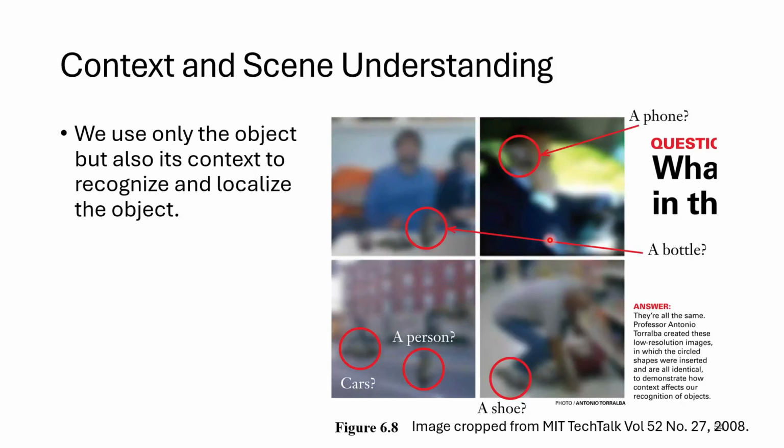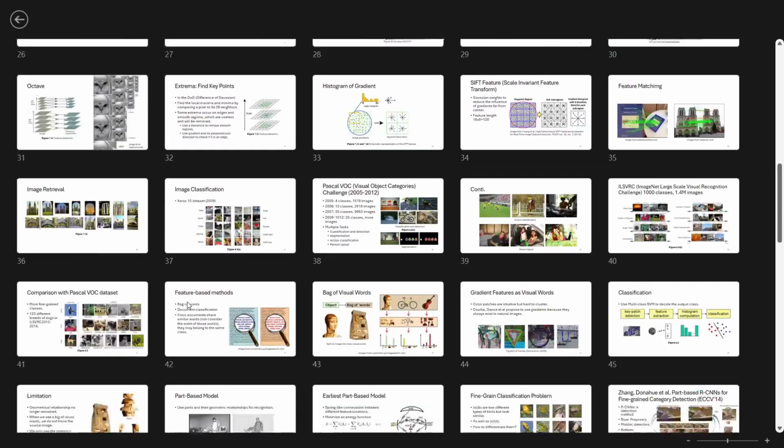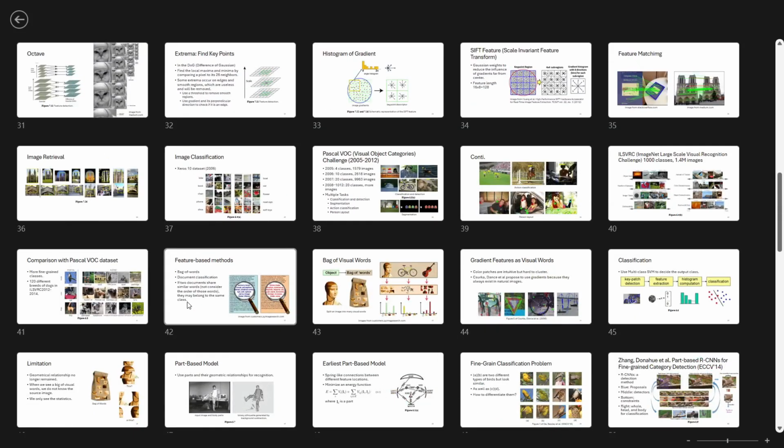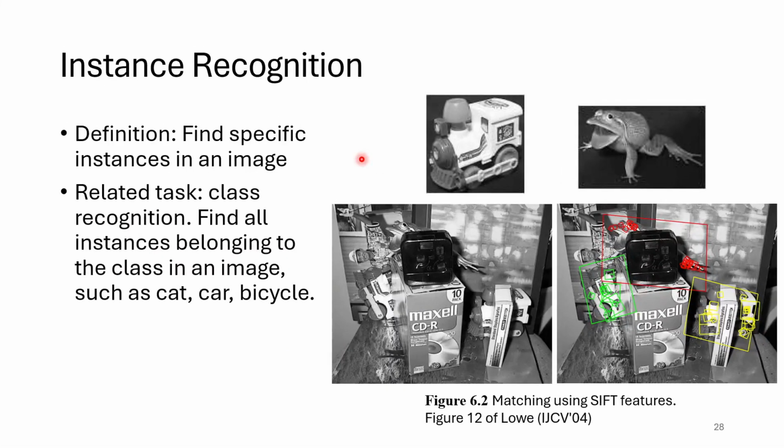All right. There is a small chapter in the textbook that talks about the importance of context in recognizing objects in an image. When we do instance recognition, do you care about its context or background?